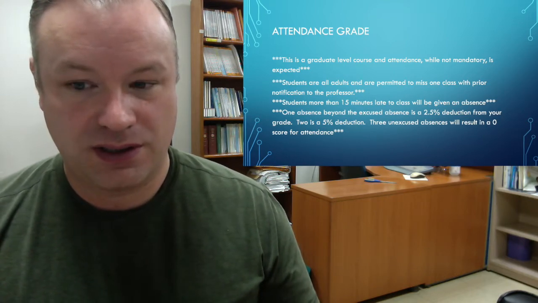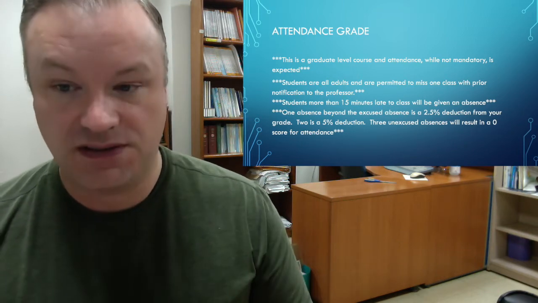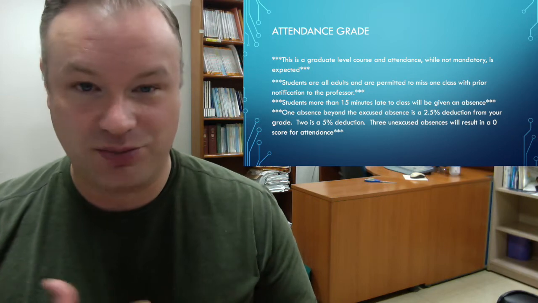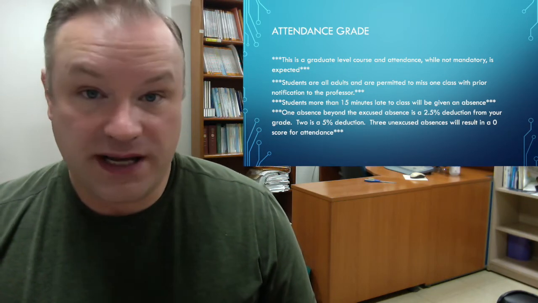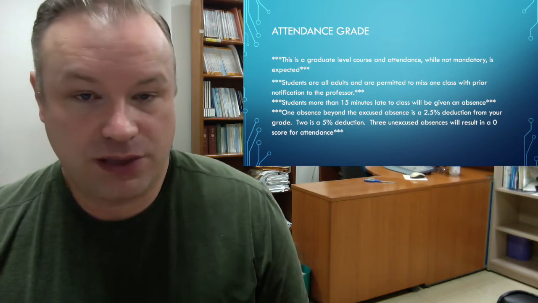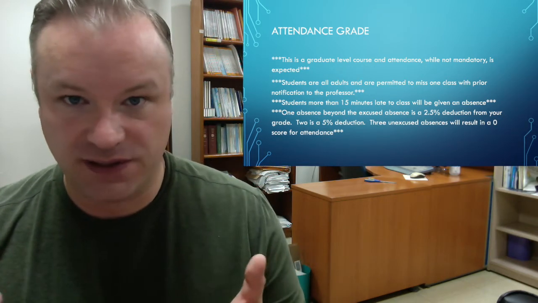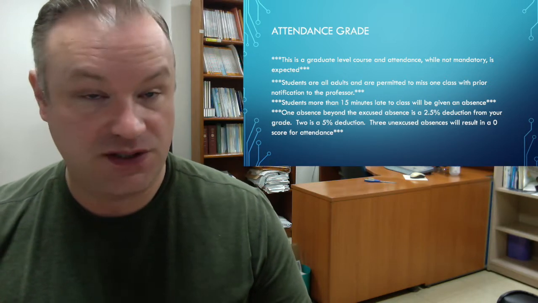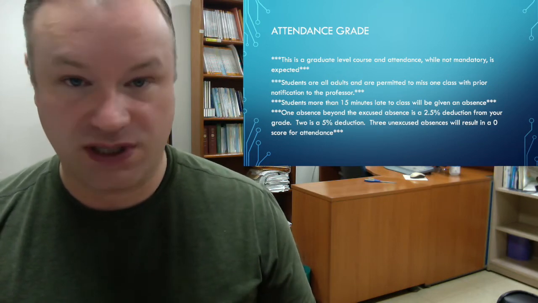So here's basically my rules on attendance. You don't have to like them, but that's how they are. You're all adults, and we all have lives outside of this school. So if something comes up in your life and you cannot make it to my class, fine, miss a class.